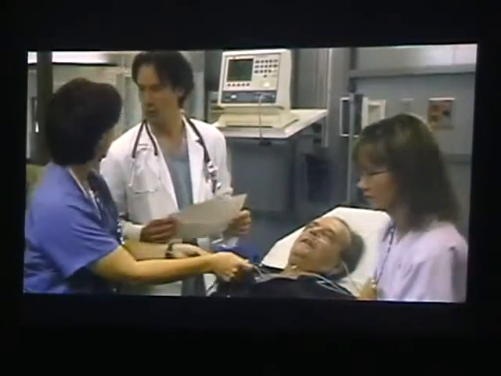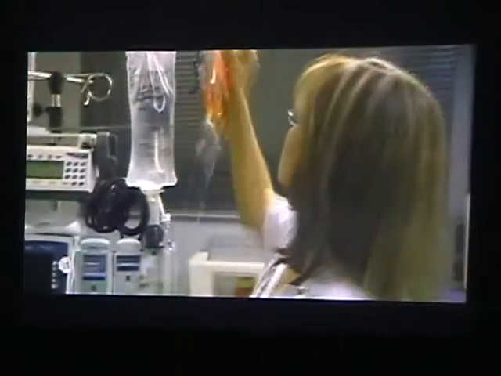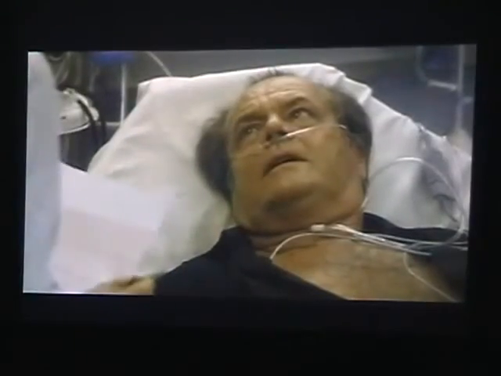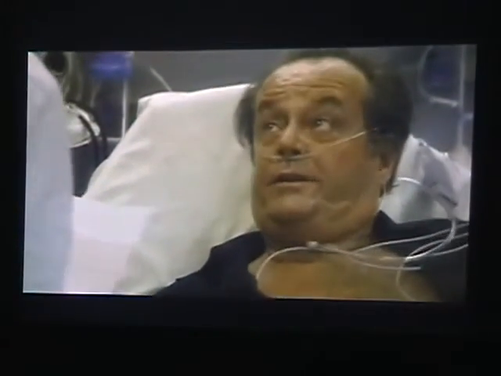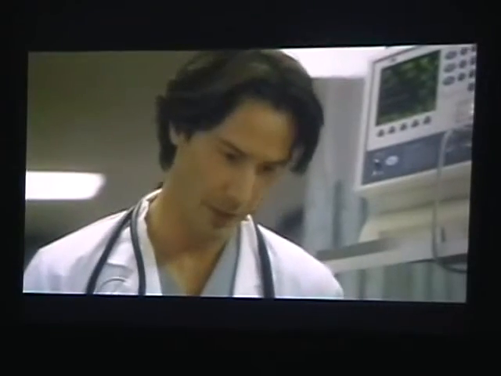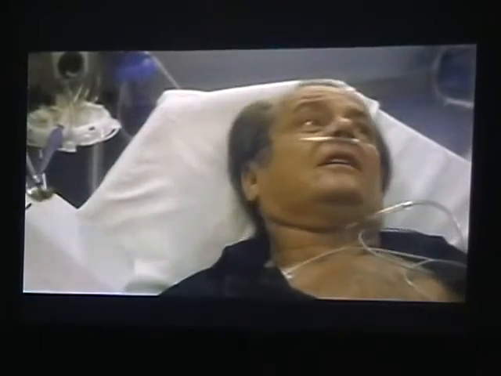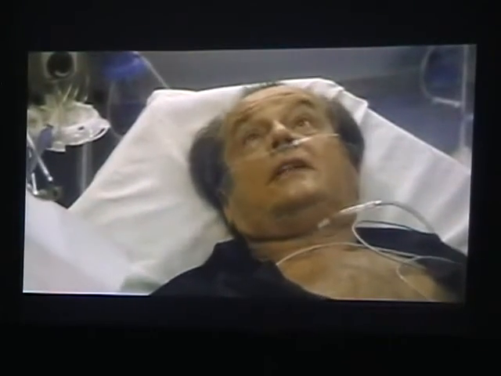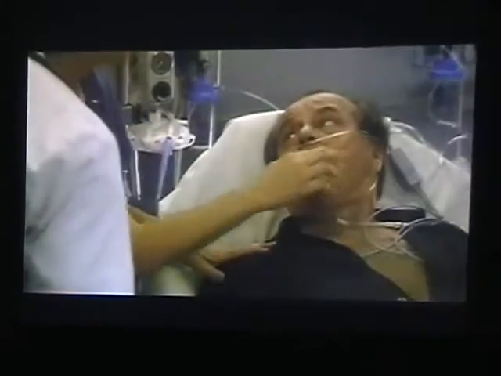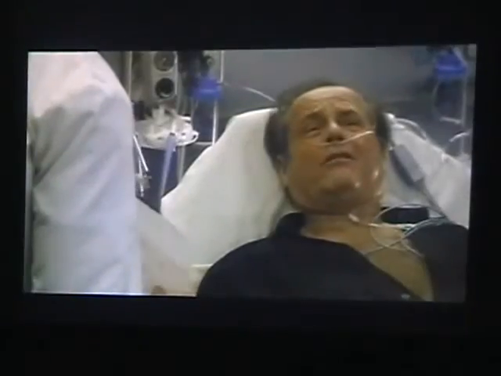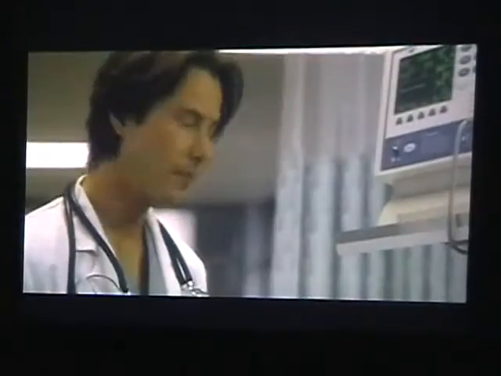Give me an aspirin and hang a nitroglycerin. Mr. Sanborn, the EKG shows you have a blocked artery which is not allowing enough oxygen to get to the heart muscle. I'm having a heart attack. We're gonna stop it, but I need to know what medications you take. I take Lipitor. Anything else? For blood pressure.